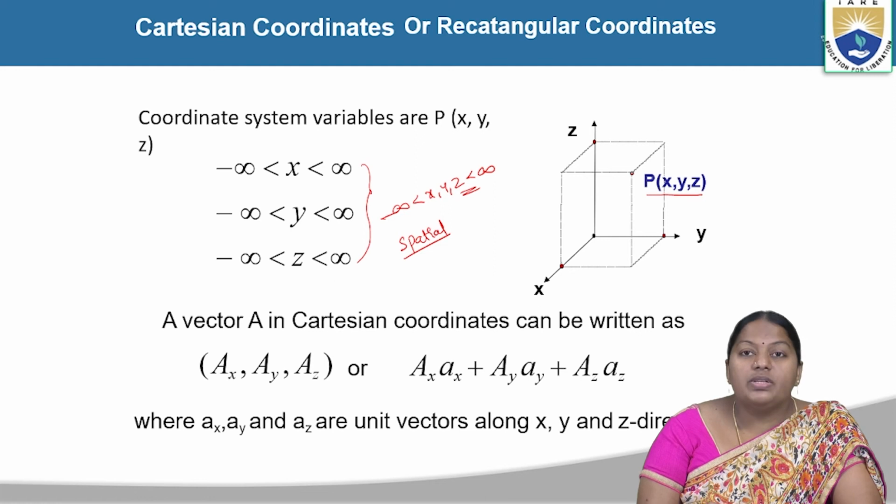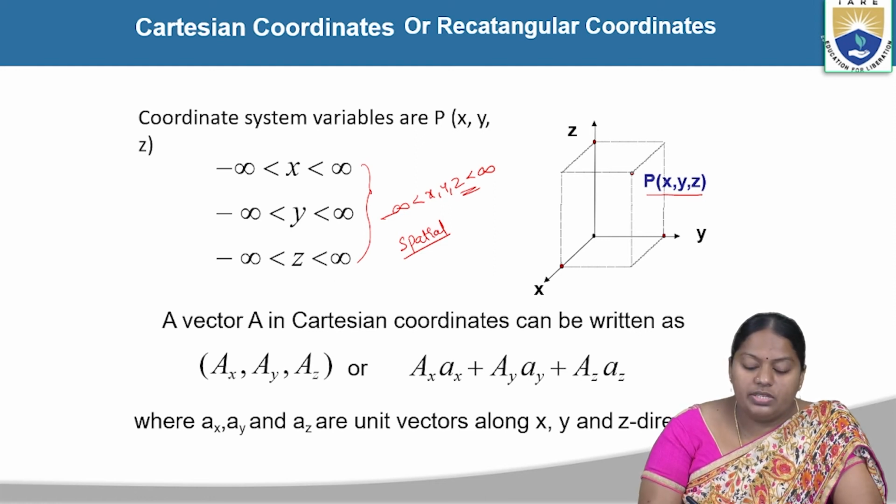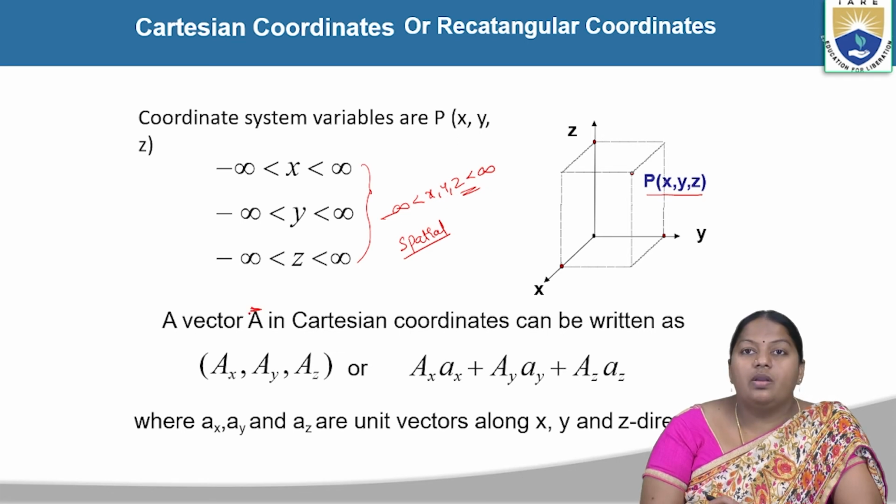Then, to represent a vector, we use the notation vector A, which can be written as A over bar. This bar represents direction.